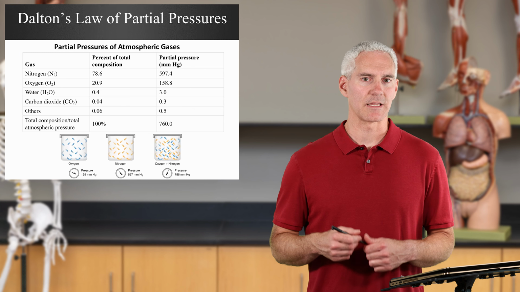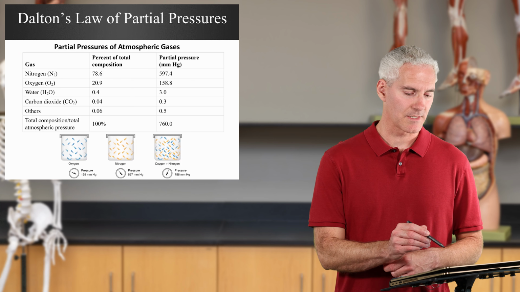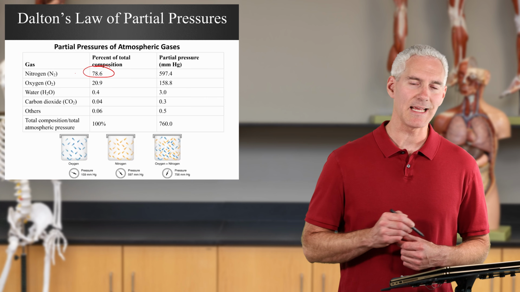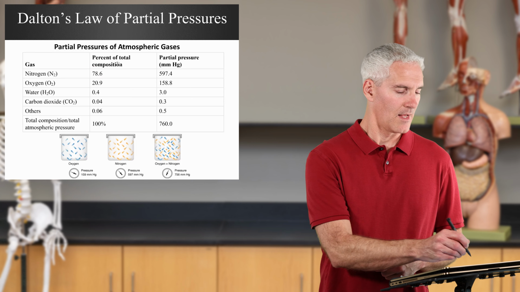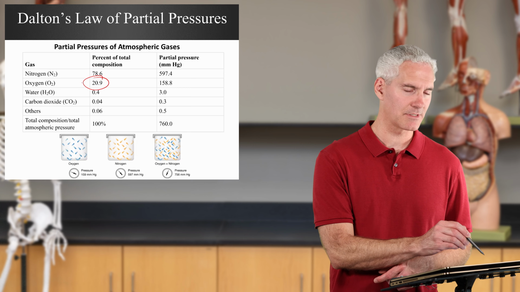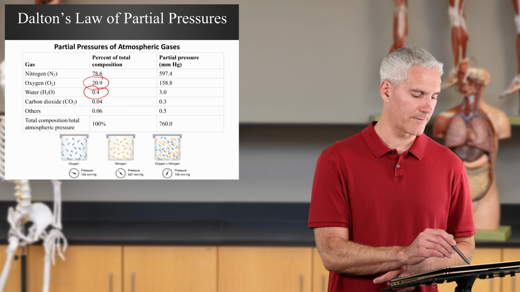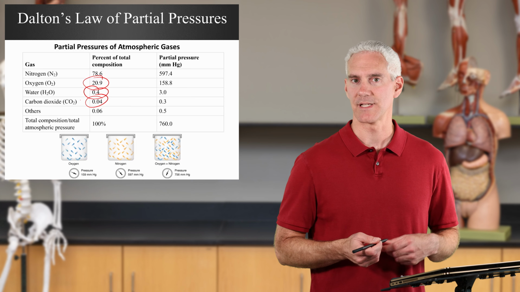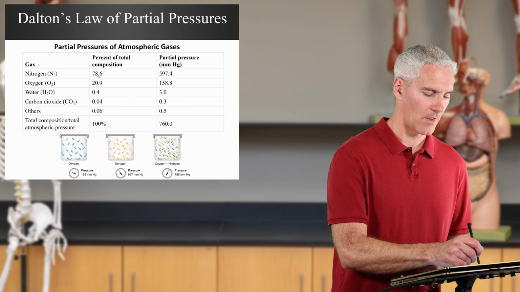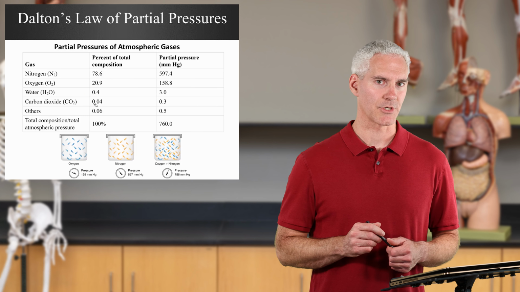So if you look at this breakdown, you'll notice nitrogen, 78.6% of the gas mixture. Now the rest are all smaller. Looking at oxygen, just about 21, water is 0.4, carbon dioxide 0.04, then the others 0.06 if you're adding them all up. But look at the partial pressures.